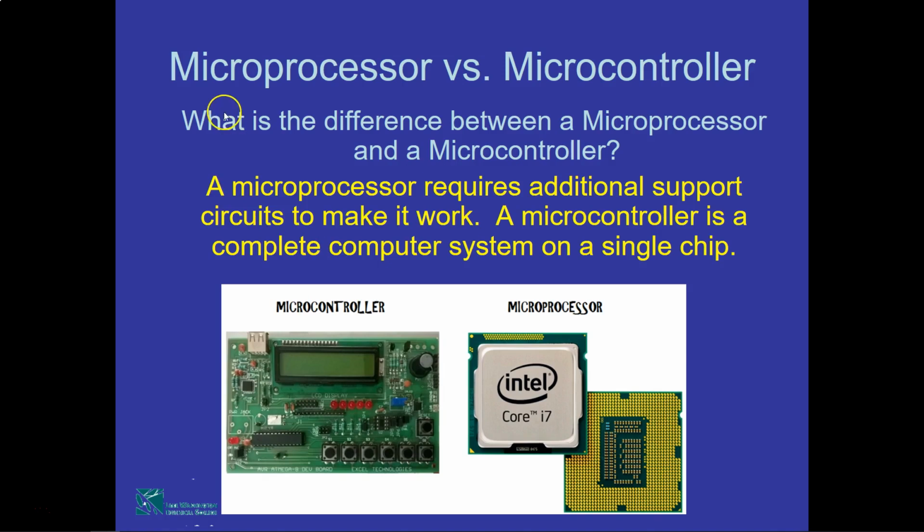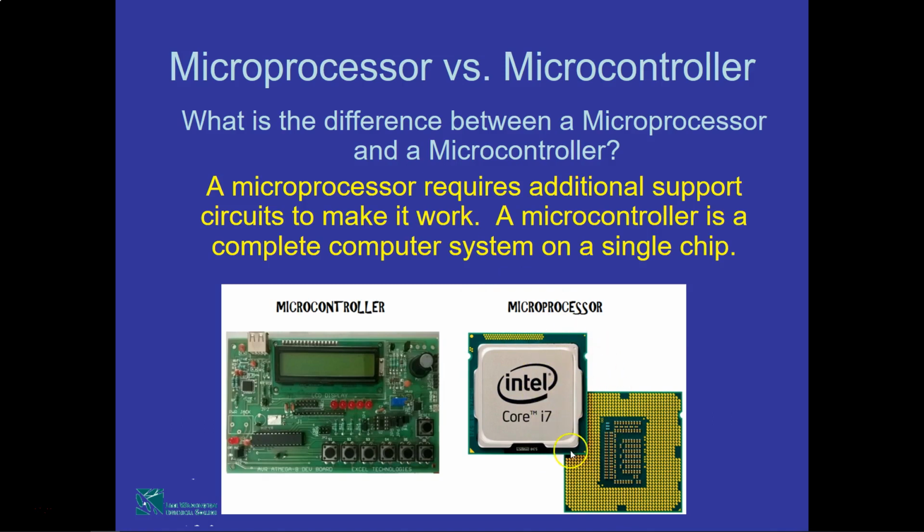Now let's conclude the differences between microprocessor and microcontroller. The microprocessor, which you see here, is an IC which has only the CPU inside it.